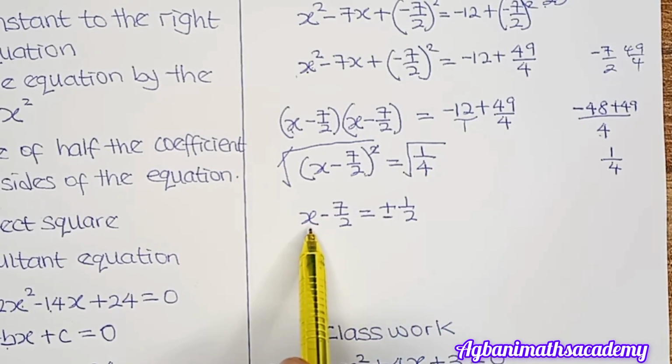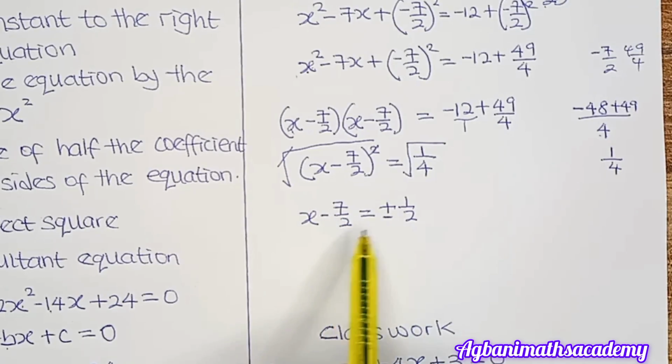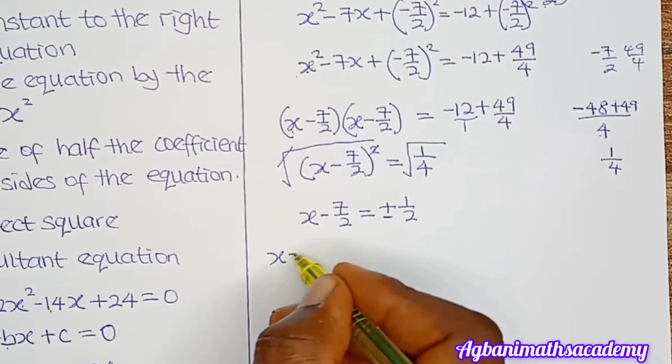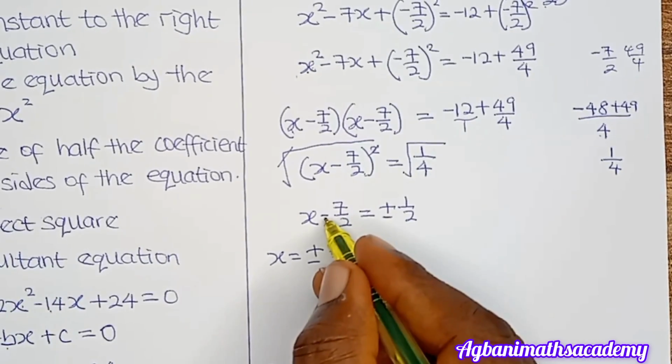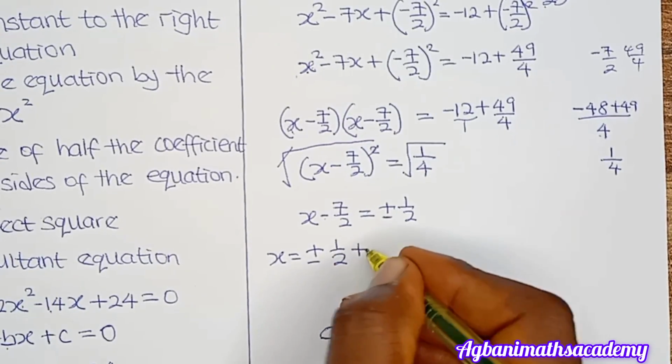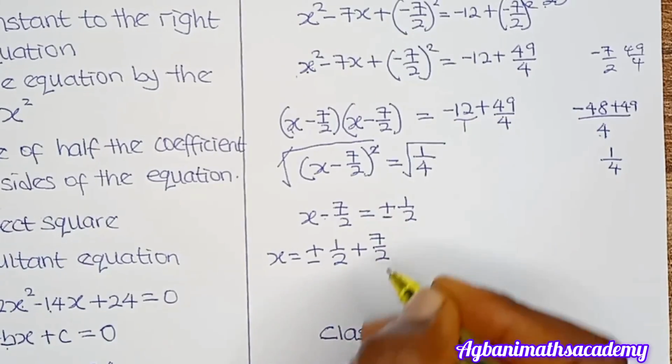Therefore, in order to get x, we have to move -7/2 to the right. So x is equal to plus or minus 1/2. This minus sign will change to plus, so we have plus 7/2.